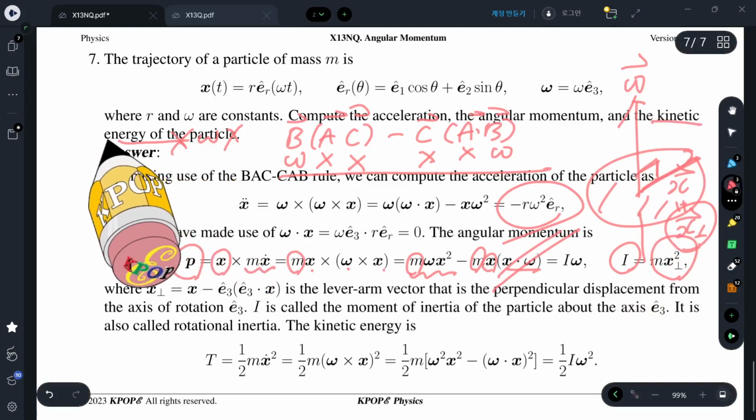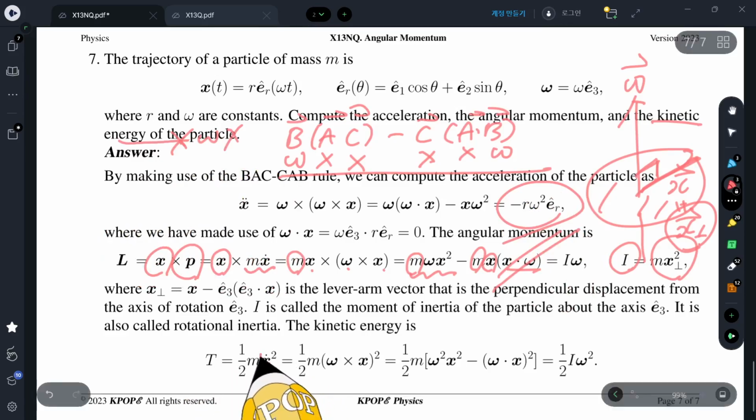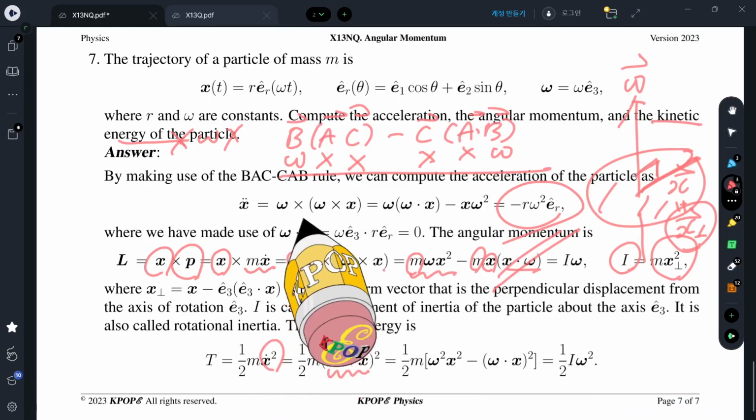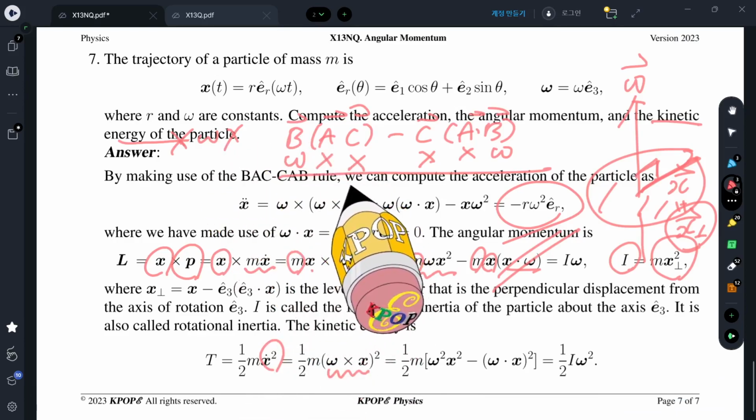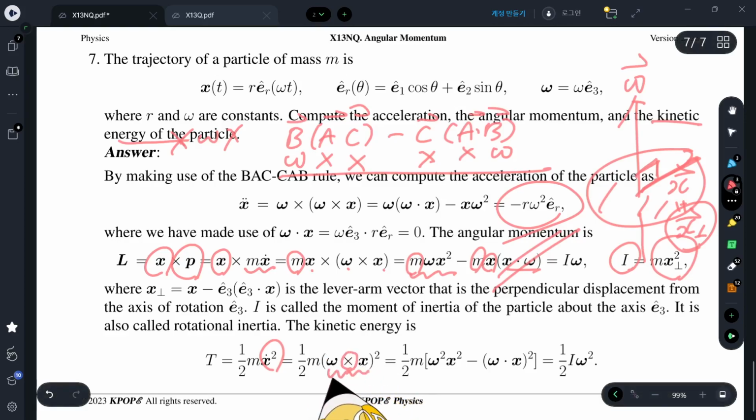Third, kinetic energy of the particle. Kinetic energy involves omega cross x squared, since velocity is omega cross x. If I square it, this is a cross product, which is proportional to sine squared theta, therefore it is 1 minus cosine squared theta.